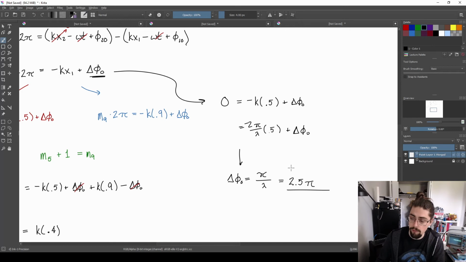Is that any different than a phase difference of 0.5 pi? Is there any noticeable difference between those two answers? Does it have any impact if we had used 0.5 instead of 2.5 pi on any part of this entire problem?